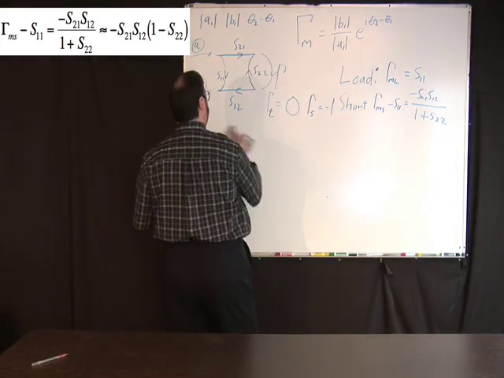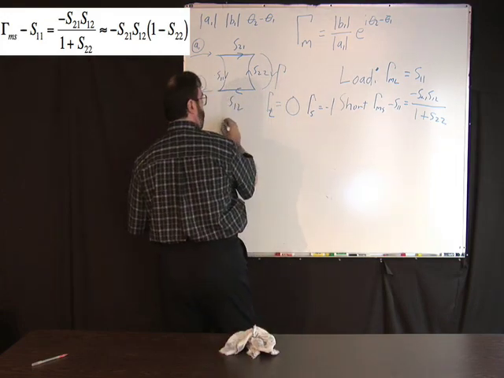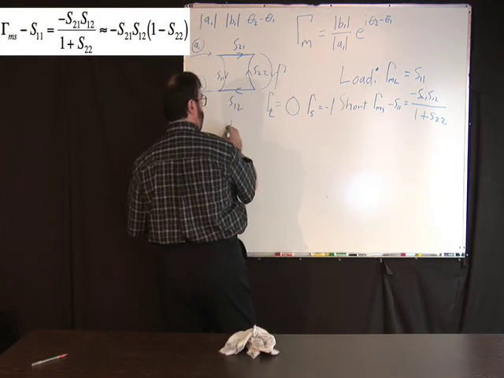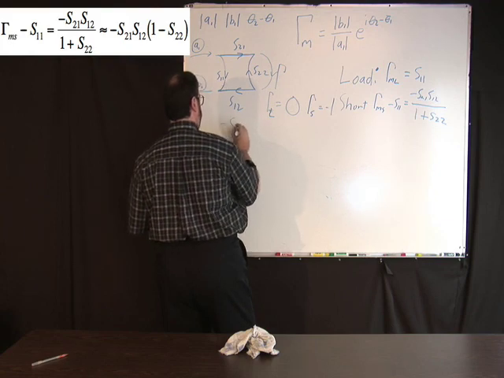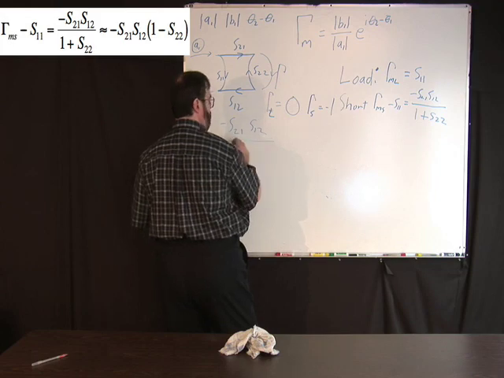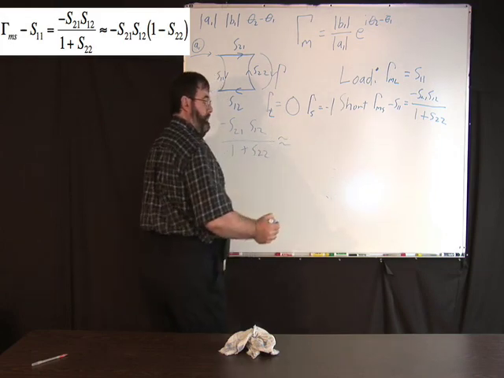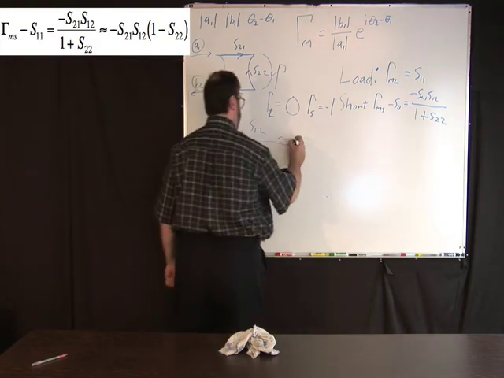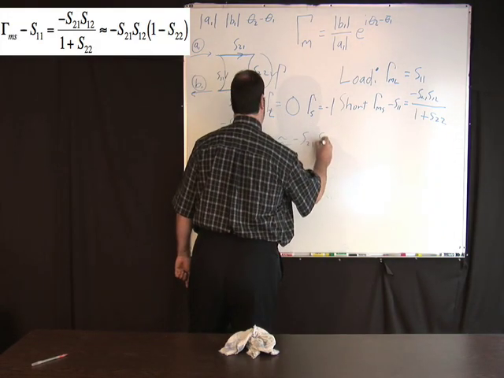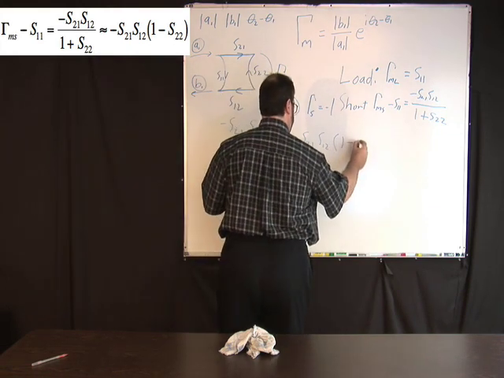It turns out that minus S21 S12 over 1 plus S22 is approximately equal to minus S21 S12 times 1 minus S22.